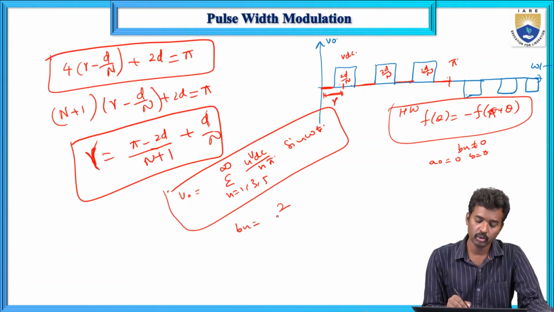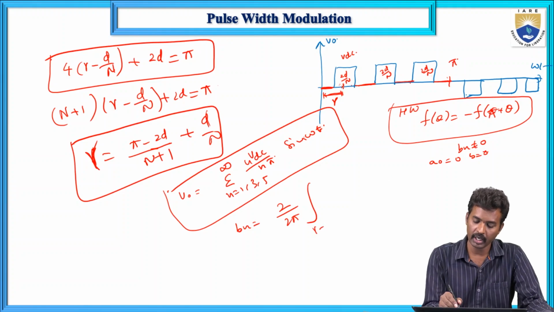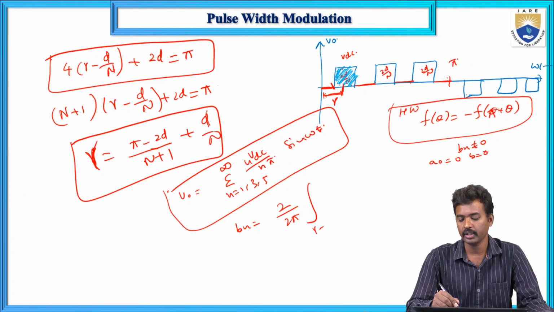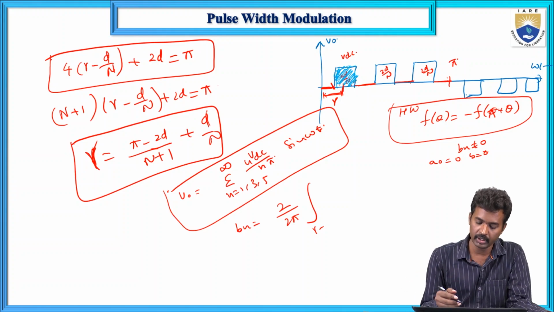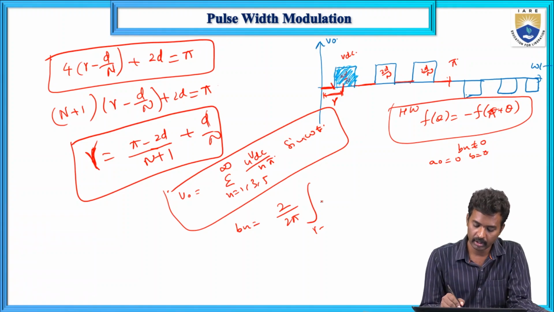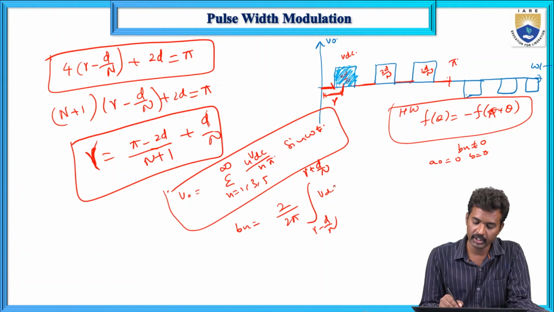Bn equals 2 by 2 pi times the integral. Only this region I am deriving, from gamma minus d by n to gamma plus d by n. The output voltage is VDC, times sin n omega t d omega t.